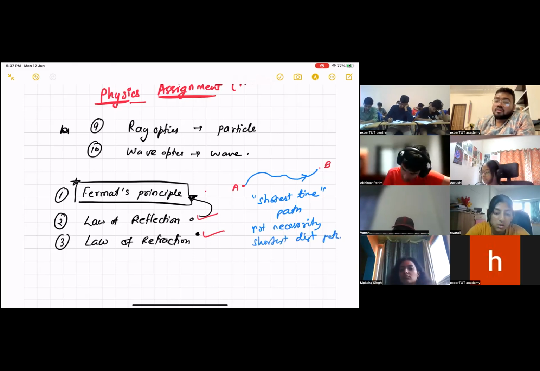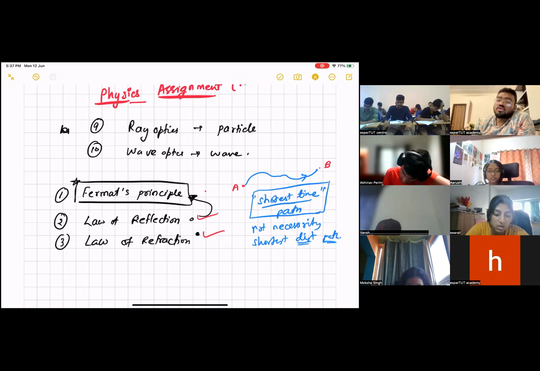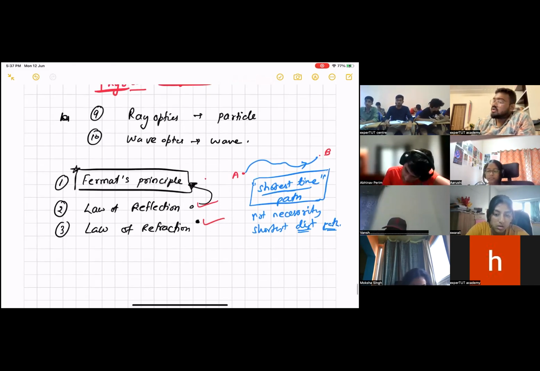Usually the shortest distance path is also the shortest time path, but the concept is that it is the shortest time path. Sometimes it is not the shortest distance.